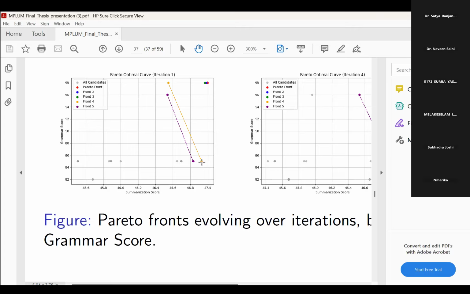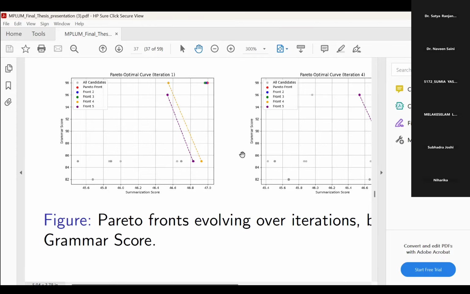This solution is better in terms of the summarization score as compared to this solution, but this solution is better in terms of grammatical score as compared to that one. That's why they are non-dominated to each other. So this is front number four. Similarly, front number five is here, and the other fronts you can see.